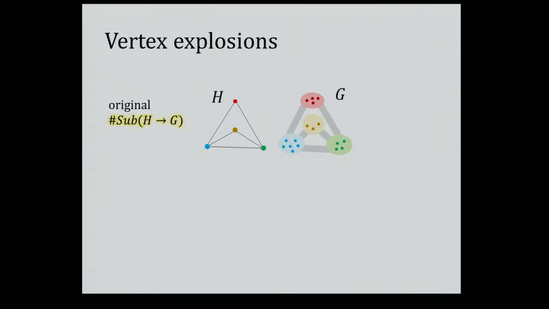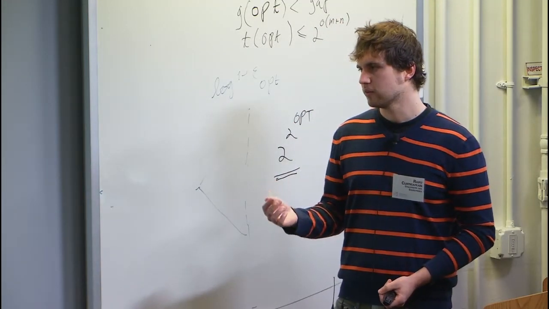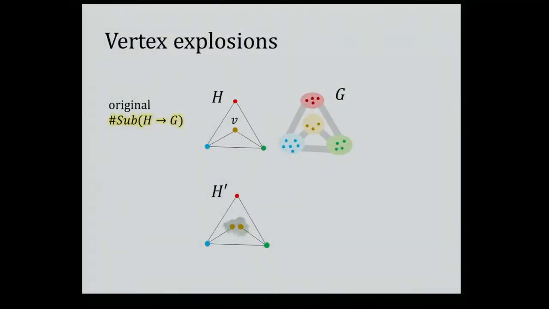And what we do now is we take this graph H and we explode this yellow vertex. An explosion just means that this vertex V, which is this yellow vertex here, will be deleted, and the two edges which were incident with that vertex will just get a vertex of the yellow color. This gives you this graph here, where you reduce this degree 2 vertex to two vertices which each have degree 1.